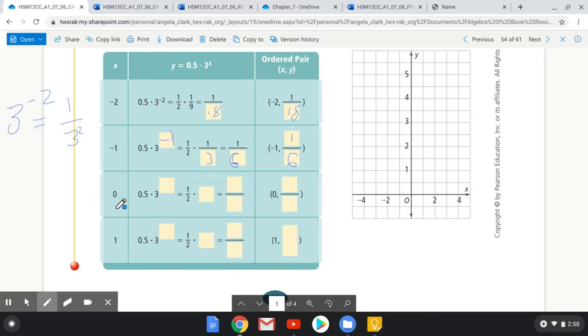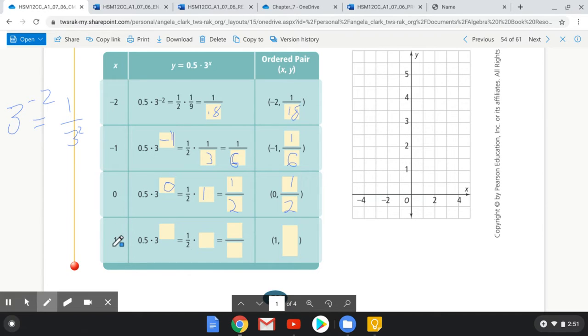There we go. So then the next one is x is 0. So we have 1/2 times 3 to the 0. Anything to the 0 power, remember, is 1. So we have 1/2 times 1, which is just going to be 1/2. So 0 and 1/2 is our point that we're going to graph.